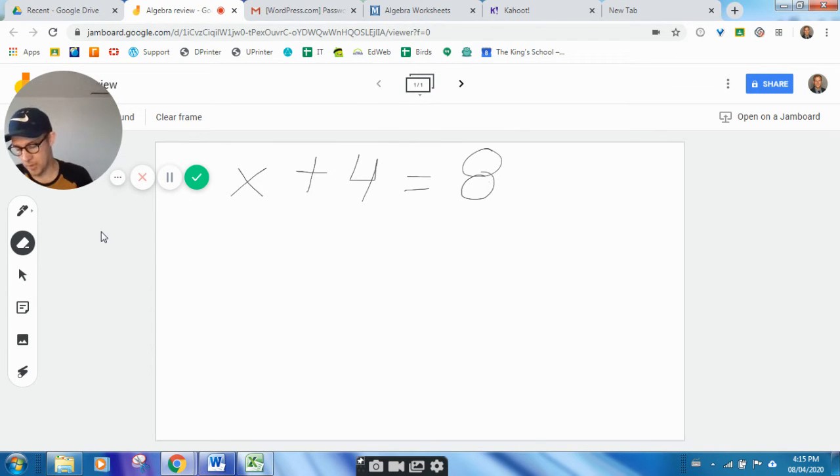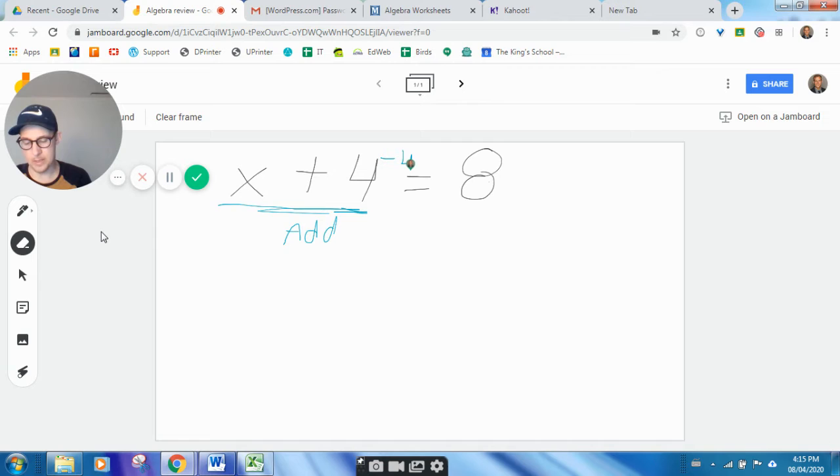So what we have to do is find the operation that is attaching the number to the variable in the equation. So in this case, the constant term 4 is being added to x. Okay, so it's adding. So in order for us to isolate the variable, we have to do the opposite operation. The opposite operation of adding 4 is subtracting 4.